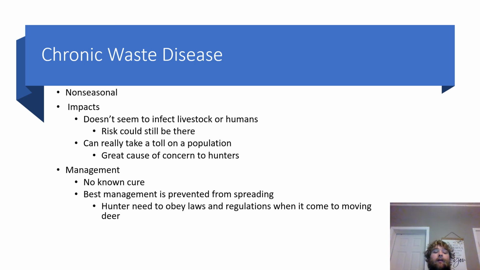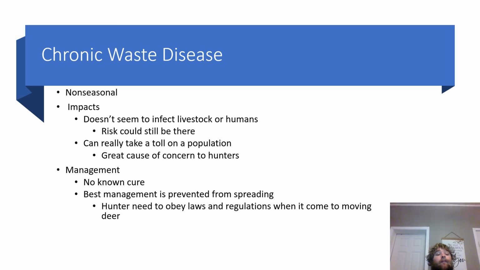As far as management goes, there is still no known cure for chronic wasting disease, but the best management for chronic wasting disease is to prevent it from spreading. This requires hunters to obligate with laws and regulations of their areas.